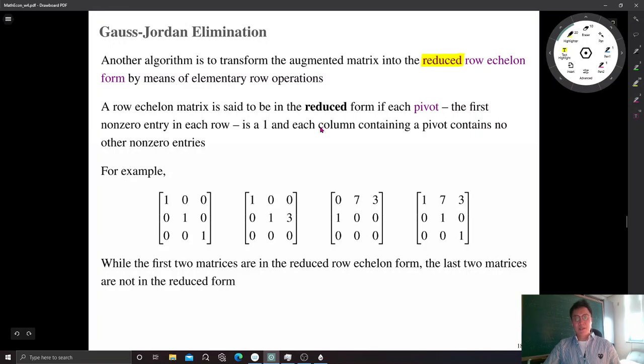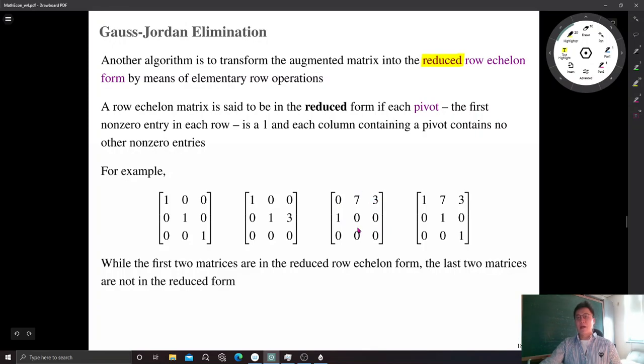And the second condition is each column containing a pivot contains no other non-zero entries. Okay, so in order to transform a matrix into reduced form, we have to check whether these two conditions are violated or met.